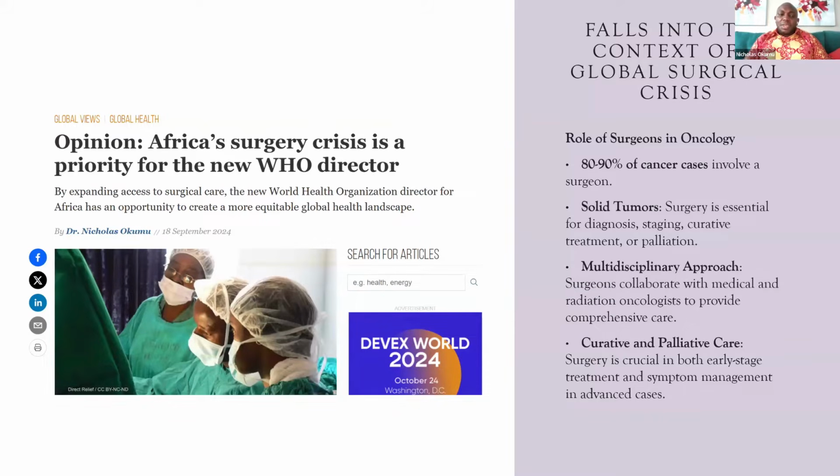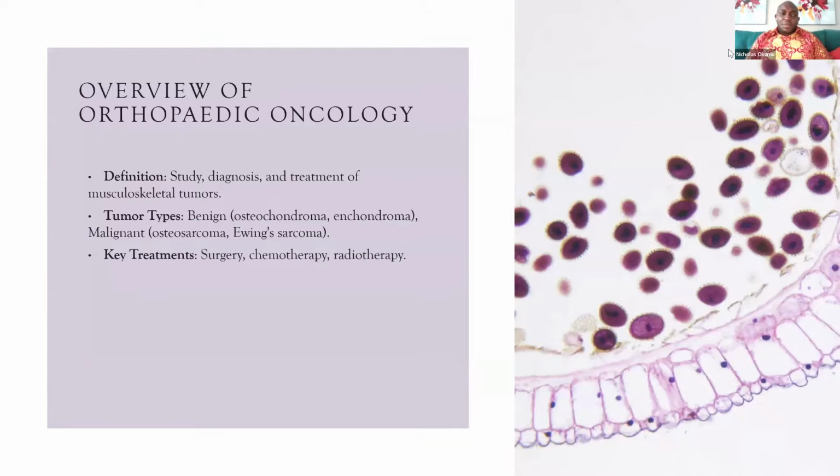And if we want to actually get better results, we need to improve the surgical pace.